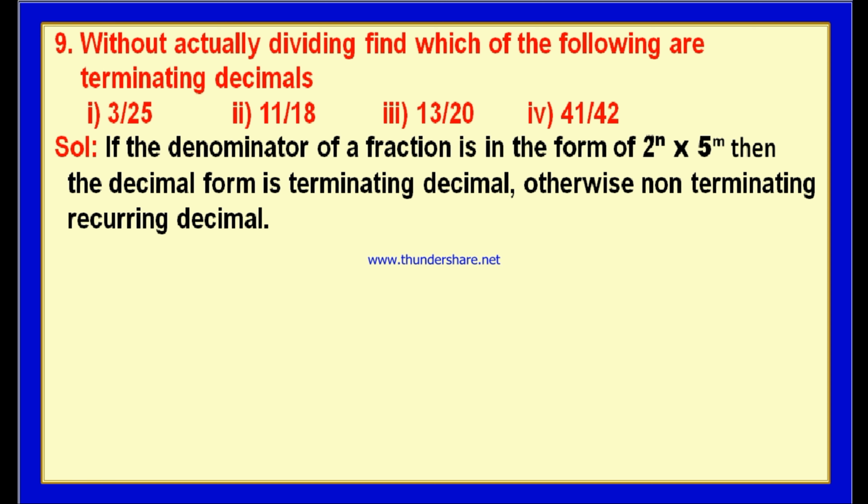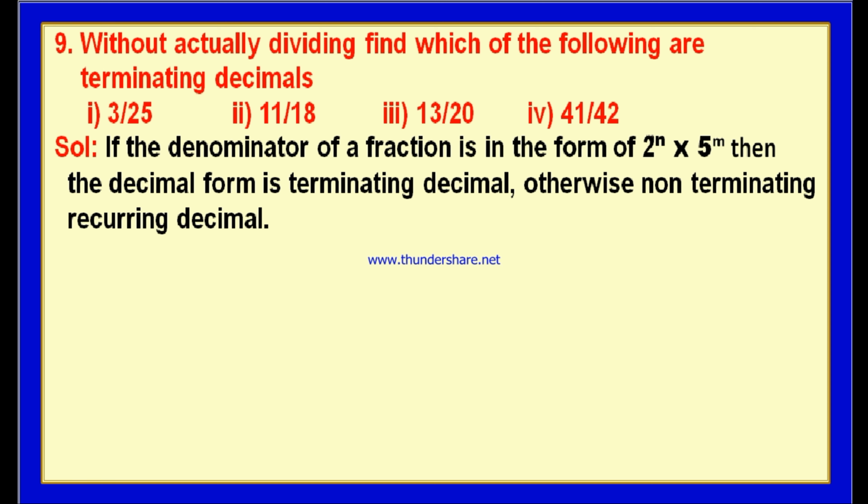It means if we take the prime factorization of the given denominator, that denominator should contain only 2 and 5 as factors. It may contain either 2 as a factor or 5 as a factor. But besides 2 and 5, the denominator should not contain any other factor.